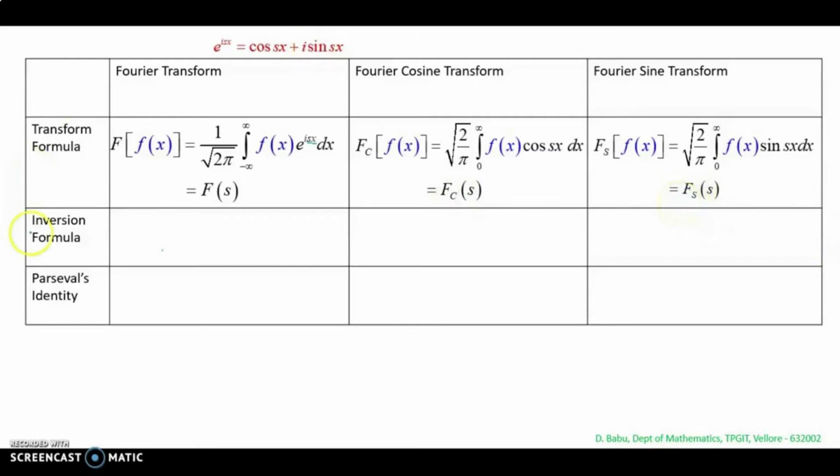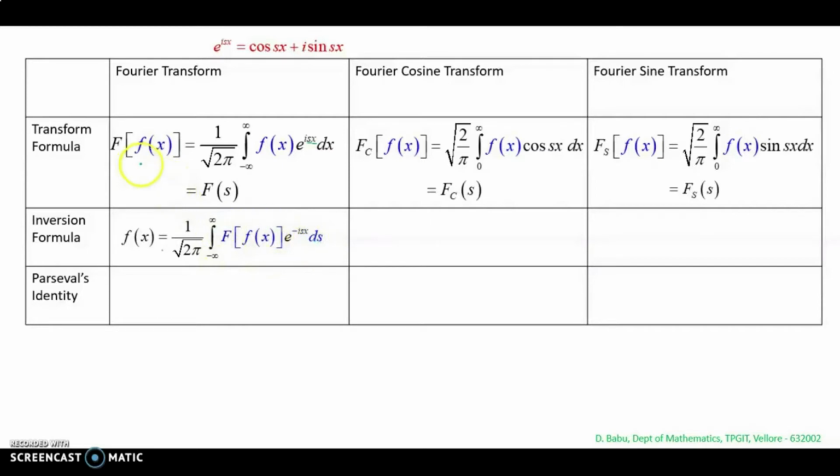Okay. Next, inversion formula. The inversion formula is nothing but, for given Fourier of f of x, we can find f of x. That is called inversion formula. So thus the inversion formula is f of x equal to 1 divided by square root of 2 pi, integration minus infinity to plus infinity, Fourier of f of x e power minus isx into ds.